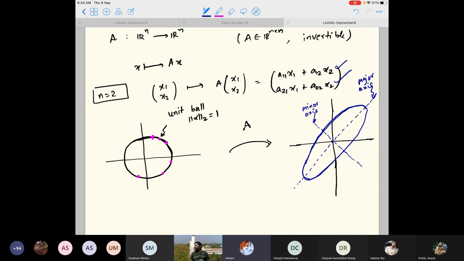Remember your 12th standard coordinate geometry, equations of ellipse. I am not going to give the answer to this. This is something that you have to find out. You can try different A's. I will put this in the next assignment also.